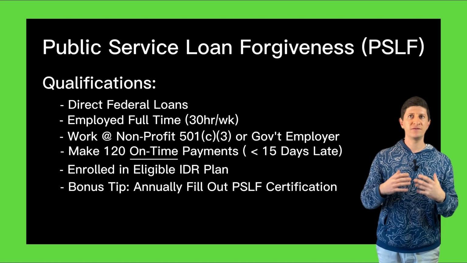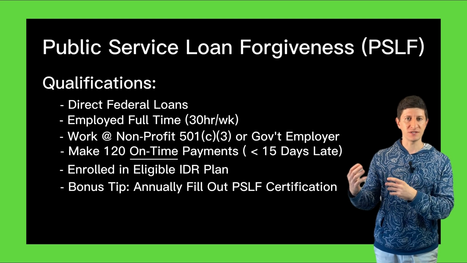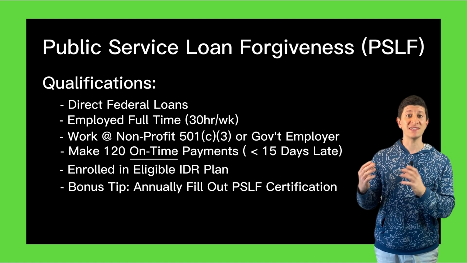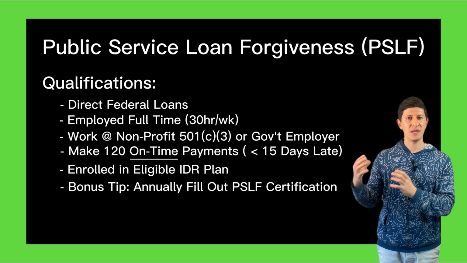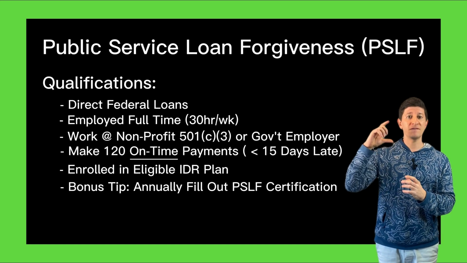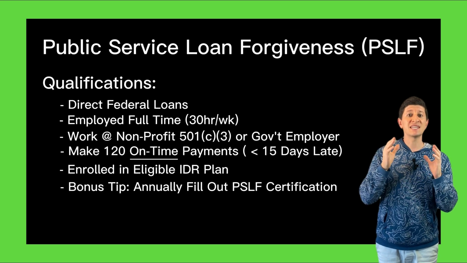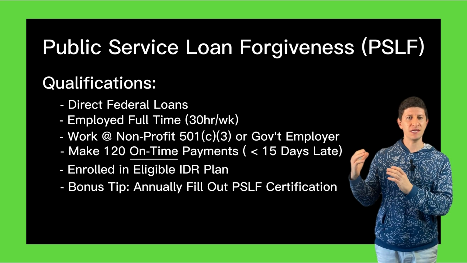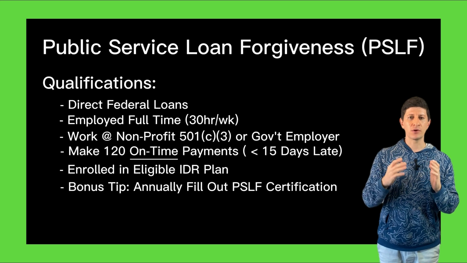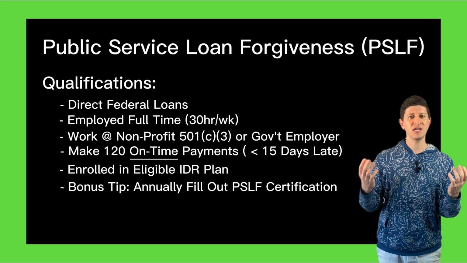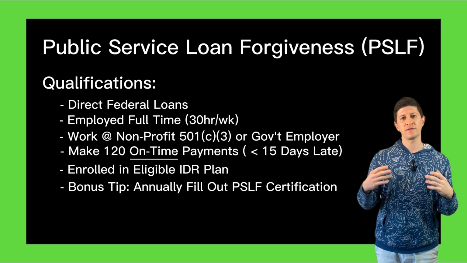So if you have $50,000 or $100,000 of student loans left at the end of an income-driven repayment plan, that forgiveness, the $50,000 or the $100,000, gets taxed at your ordinary income. So that is an area of planning that you have to pay attention to when you are putting your financial plan together.